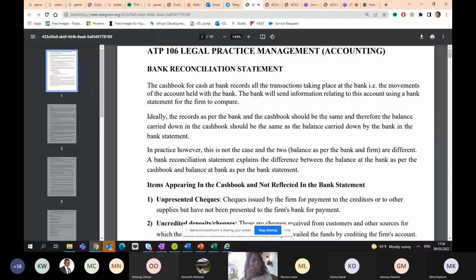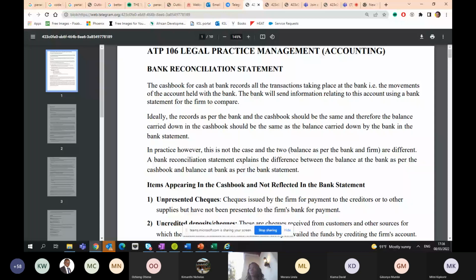Okay. So in terms of the bank statement, the whole idea is that you have your bank statement, and you do the reconciliation to make the numbers tie.